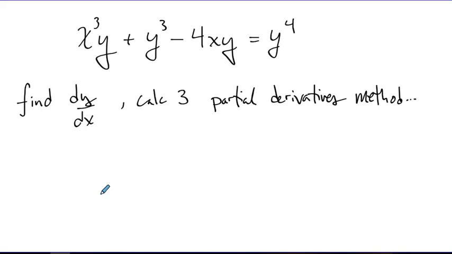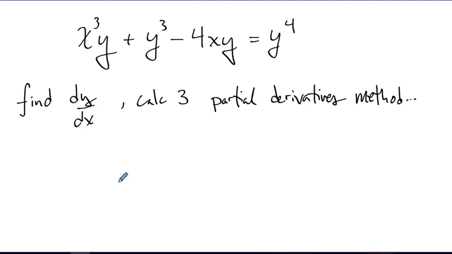But what I want to demonstrate here is this method that would generalize to any number of variables, and that's why it's important for the Calc 3 classes, that we can have any number of variables and find the rate of change of any variable with respect to any other variable in that equation, which is pretty impressive.